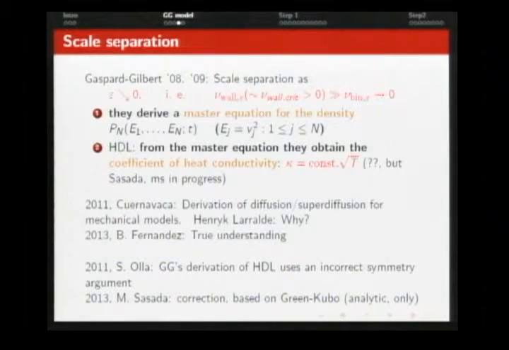Now, I tell you some sort of story. Two years ago, I was giving a talk in Mexico, in Cuernavaca, on diffusion, superdiffusion for various billiard models.